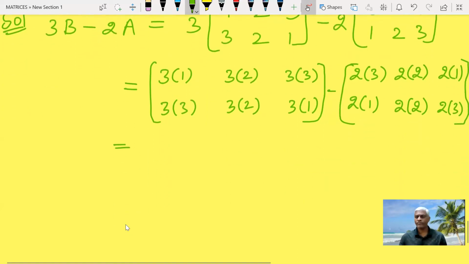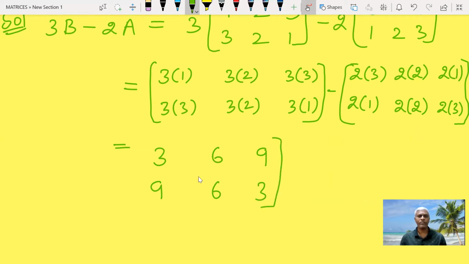Now multiply. 3 into 1, 3. 3 into 2, 6. 3 3s are 9. So 3, 6, 9 and 9, 6, 3. Multiplying, we get this. Minus 2 3s are 6, 2 2s are 4, 2. 6, 4, 2 and 2, 4, 6.